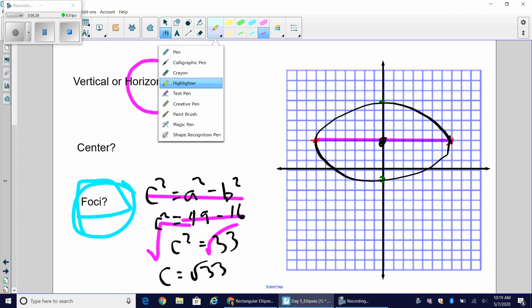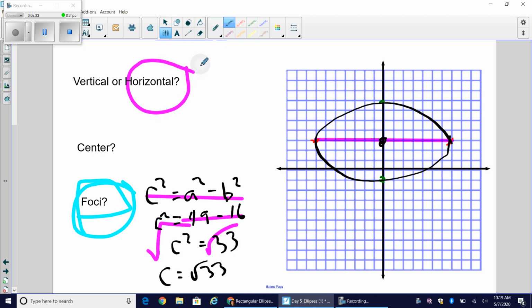So I'm going to take the square root of 33, which I just need to estimate for my graph. The square root of 33 is somewhere between 5 and 6, and I'm going to add 5 to the right, and I'm going to add 5 to the left of my center.